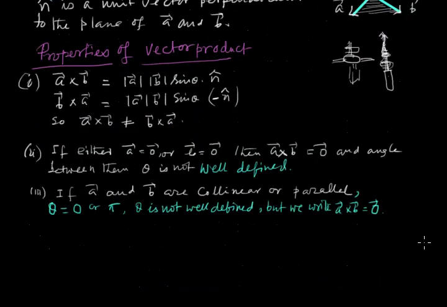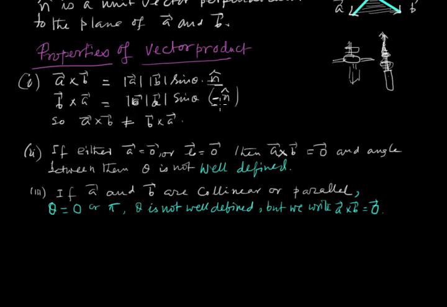Now, vector product or cross product we defined as magnitude of A, magnitude of B, sin theta into n cap, and n cap is perpendicular to the plane of A and B. Now if you write B cross A, then it is magnitude of B, magnitude of A, sin theta, where theta is the angle.